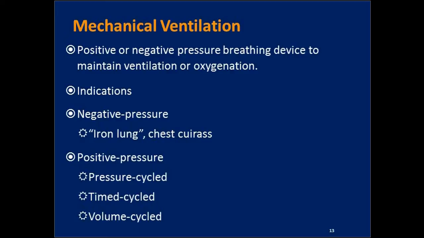So with pressure cycled ventilation, airflow is delivered until a preset pressure is reached inside the chest. And once that pressure is reached, then inhalation or inspiration is ceased and it automatically moves into the expiratory cycle.